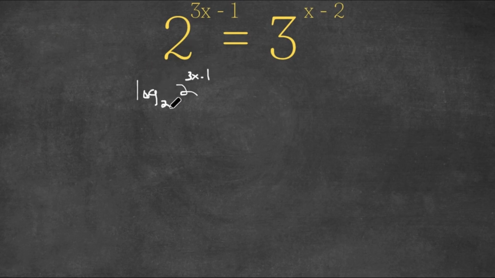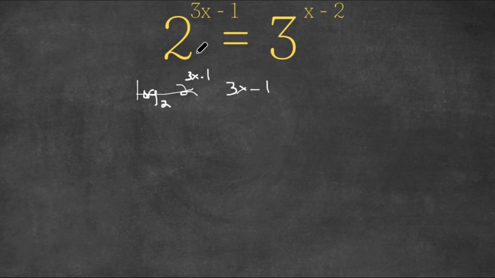So when we're taking the log with subscript 2 of 2 to the power of 3x minus 1, we're essentially canceling out our base here because these two cancel out. The log is the inverse. So if these two cancel out, then all we're left with is 3x minus 1. And we've just simplified our equation by a lot.